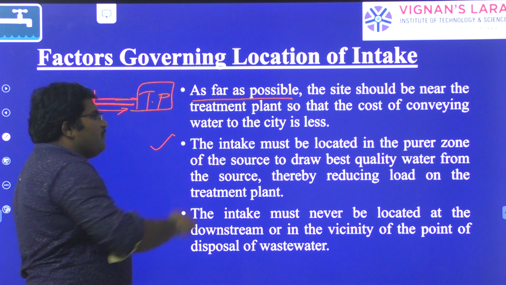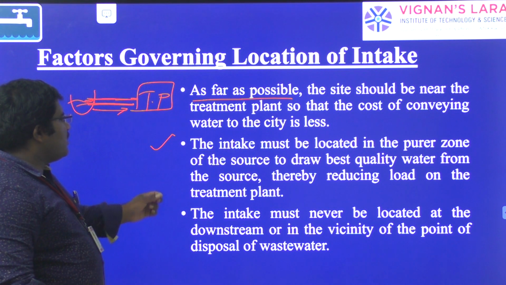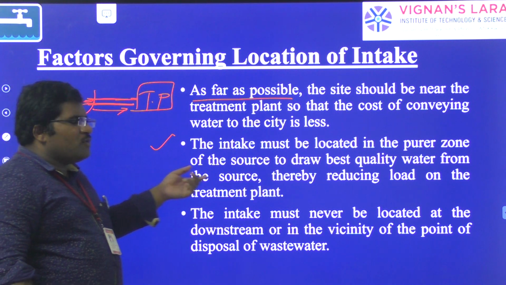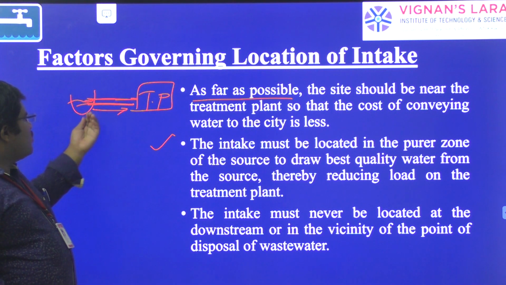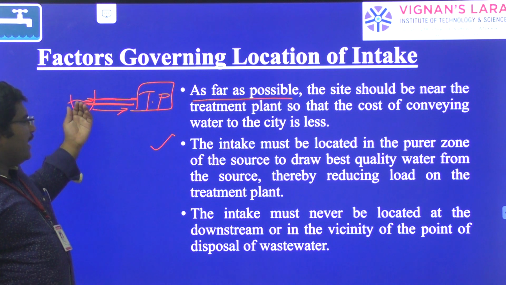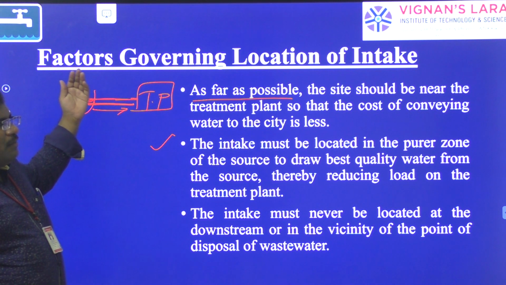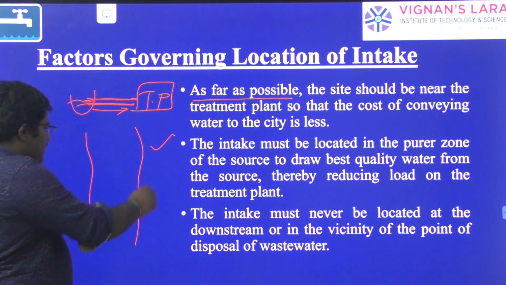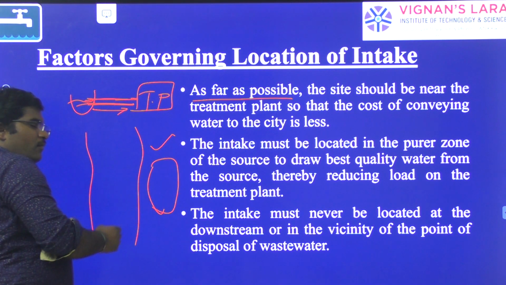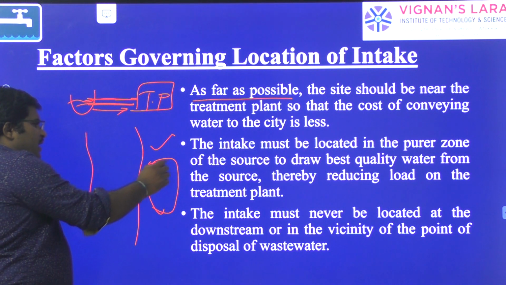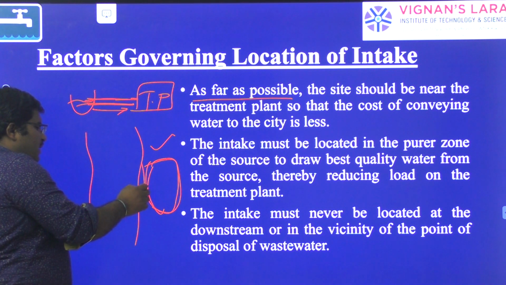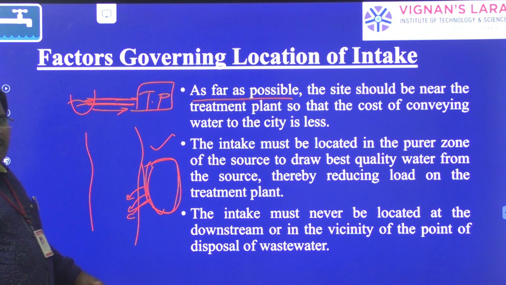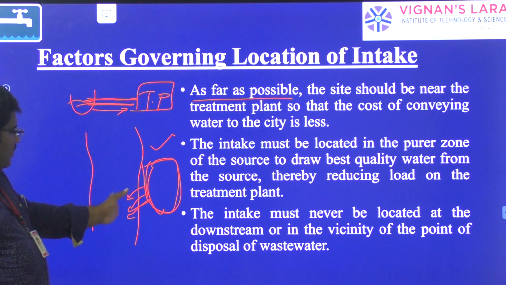Next, the intake must be located in the purer zone of the source to draw the best quality water from the source. If a city is located along a river, almost everyone will use this river water and discharge wastewater back to the river.